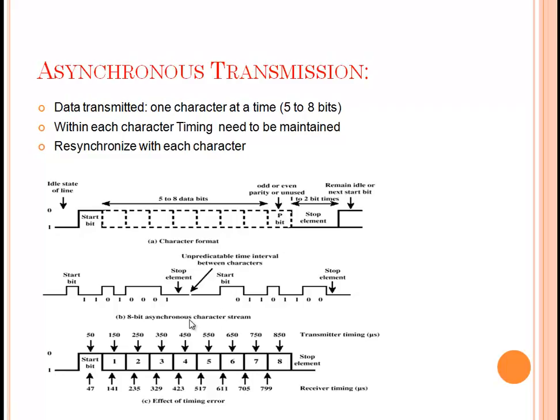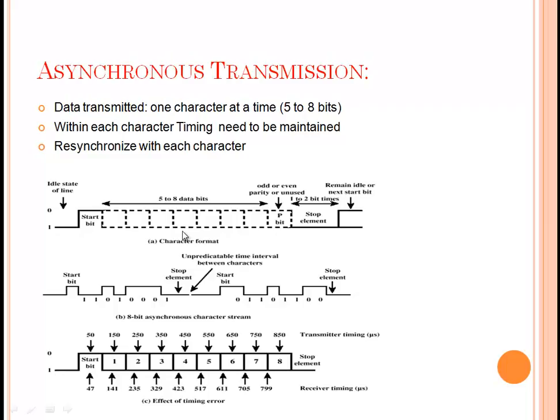If there is an unpredictable time interval between two characters, it can be shown here by this pulse. This is an 8-bit asynchronous character stream.